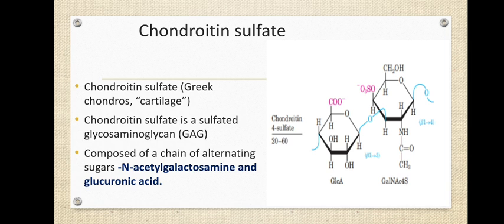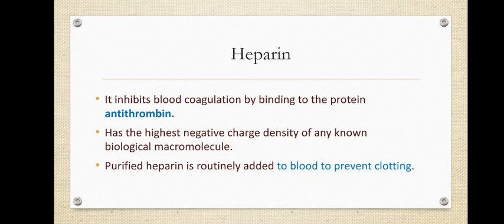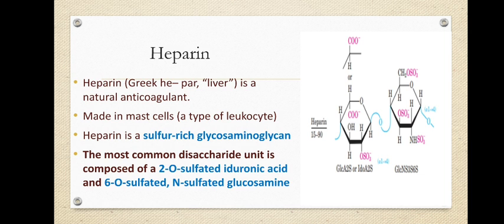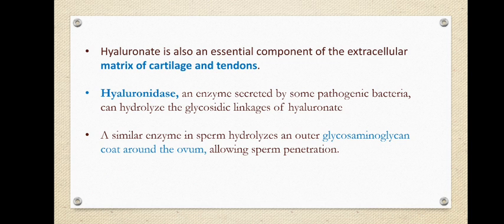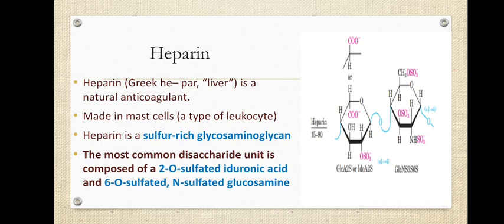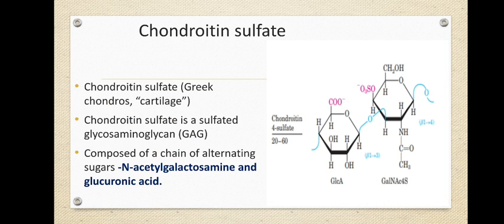This chondroitin sulfate is a sulfated glycosaminoglycan, again a glycan compound, and its disaccharide units are N-acetyl galactosamine and glucuronic acid. Going to the previous slide, heparin is a sulfated iduronic acid and sulfated glucosamine, whereas chondroitin sulfate is formed of N-acetyl galactosamine.